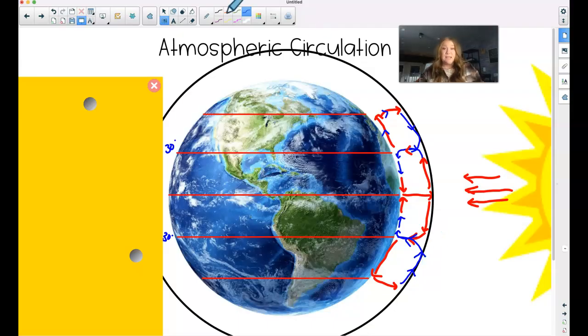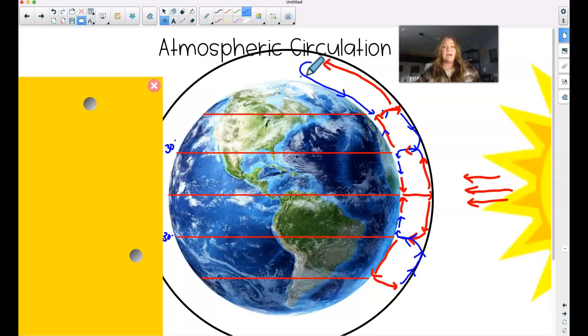So then the same thing happens there at the poles. So right now this is going up, so this air came and goes up, and it's cycling up just like it was from the equator, and it goes up towards the pole, and then it gets cold at the pole and is going to come back down and meet up here and follow that cycle there.